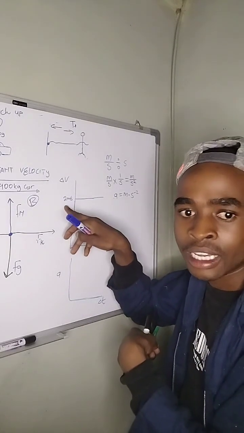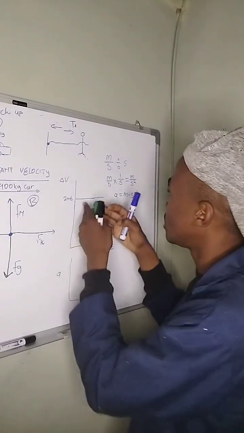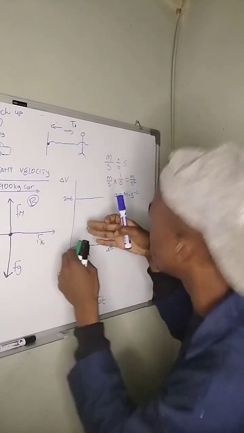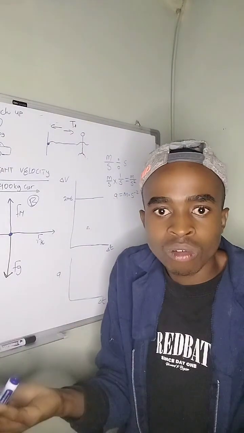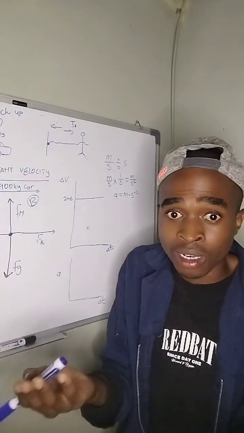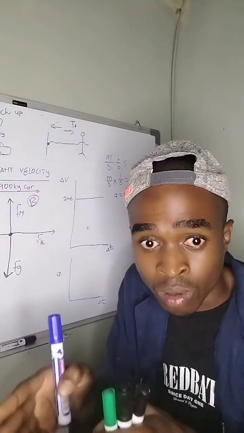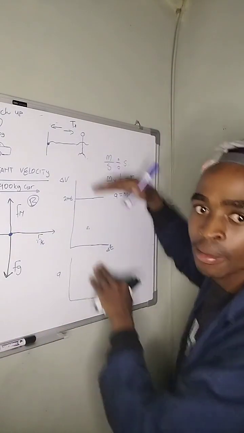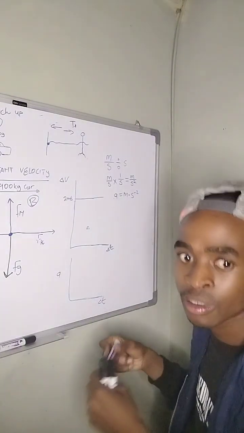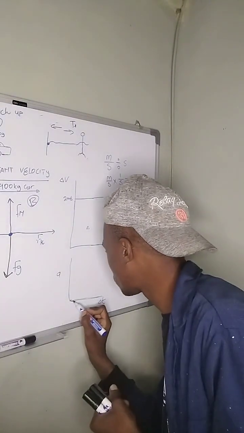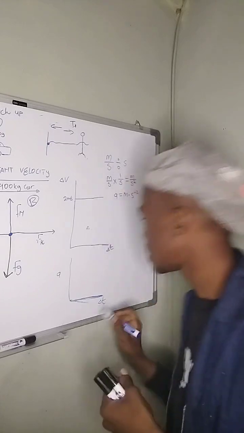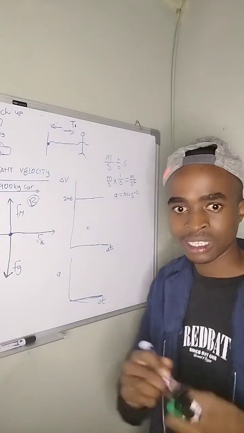It's going to be v final minus v initial, which is 0. And as we represent this below on an acceleration versus time graph, it is going to be on top of this line, and our acceleration is going to be 0.